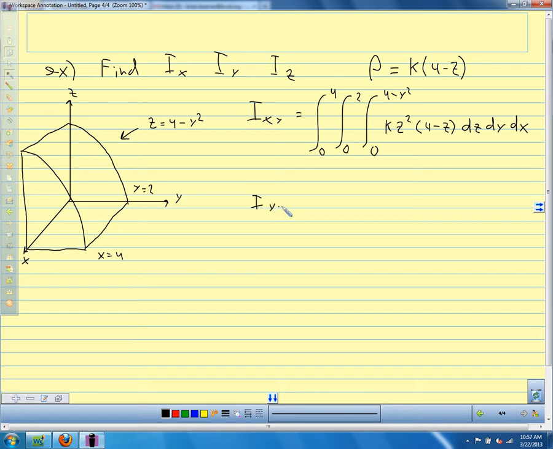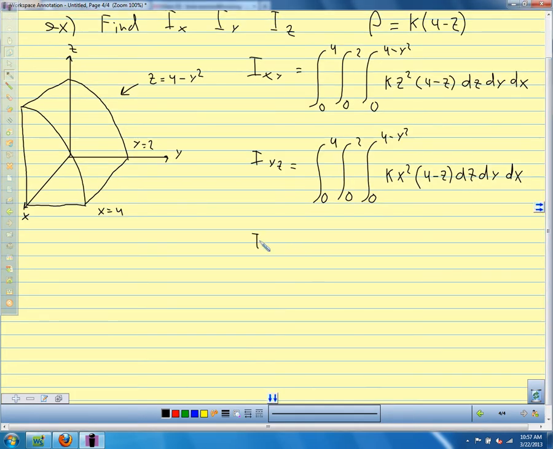Moment about the yz plane. Same limits. 0 to 4, 0 to 2, 0 to 4 minus y squared, kx squared times 4 minus z, dz dy dx.